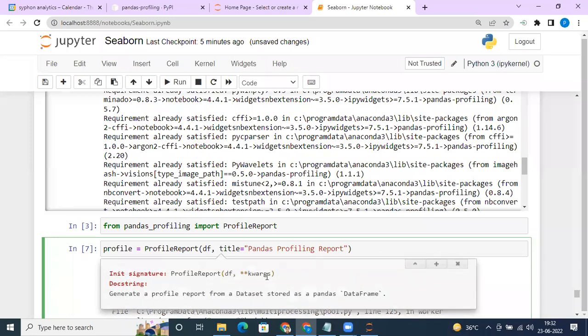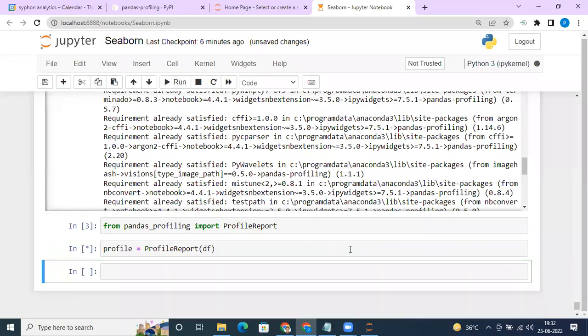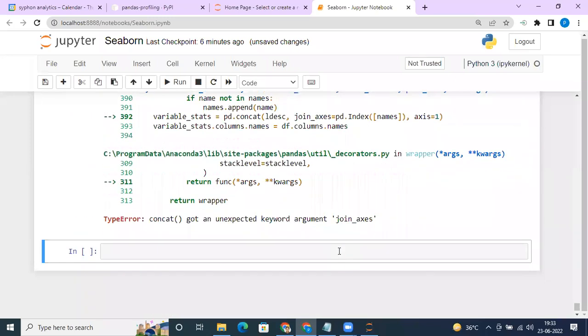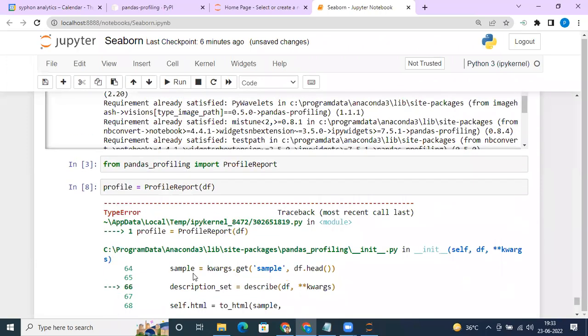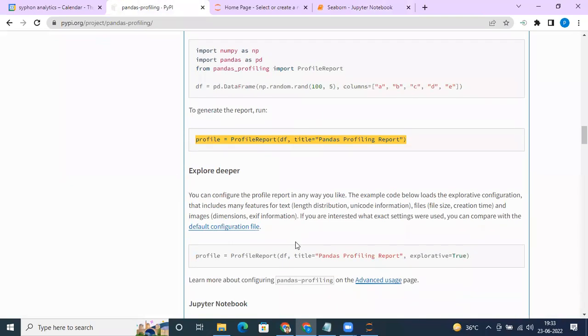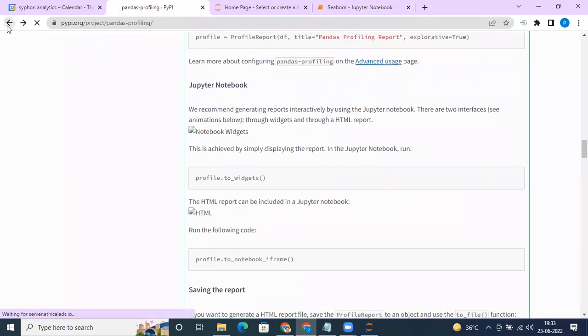Let it be df only. Let's check. There's some problem. I don't know what has happened to this. I will check it, but I don't know. I've been trying to use this, but for some reason it is not able to work. Let me see some other option.